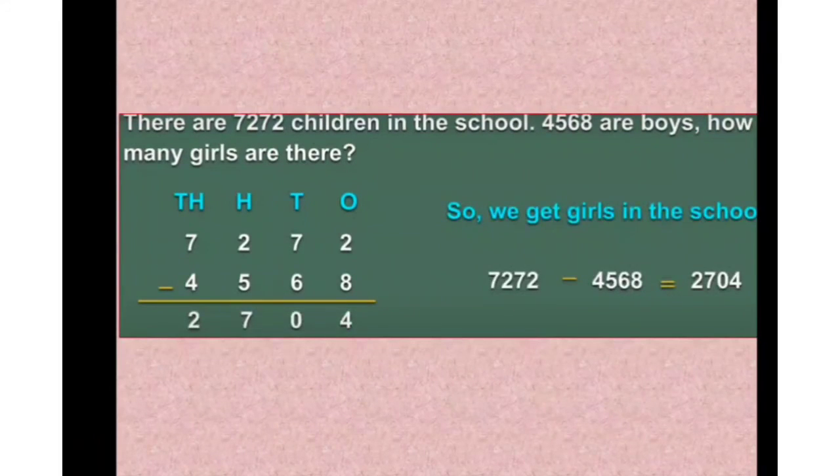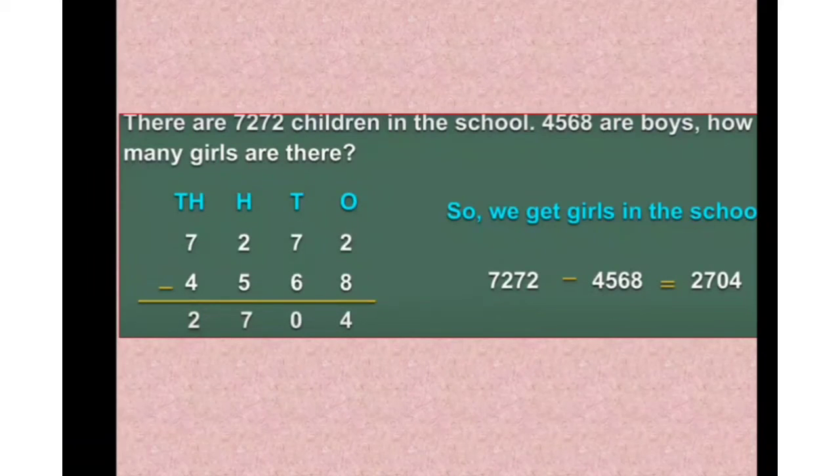As you know, first of all, we write down all the numbers according to their place value chart: ones, tens, hundreds, and thousands. Ones place has 2 and 8, which is not possible, so we take a carry from the tens place. 1 ten is equal to 10 ones.